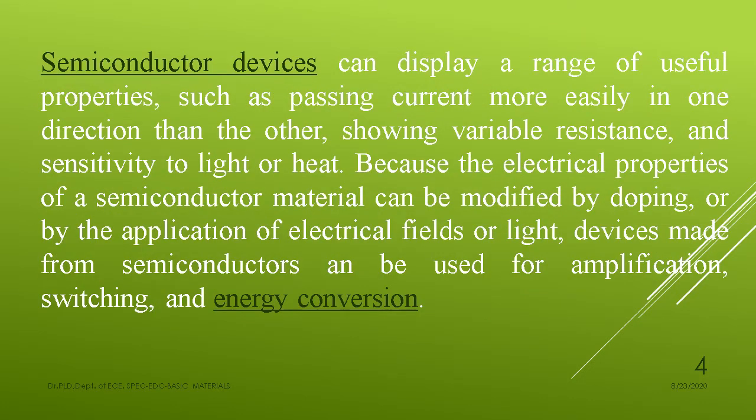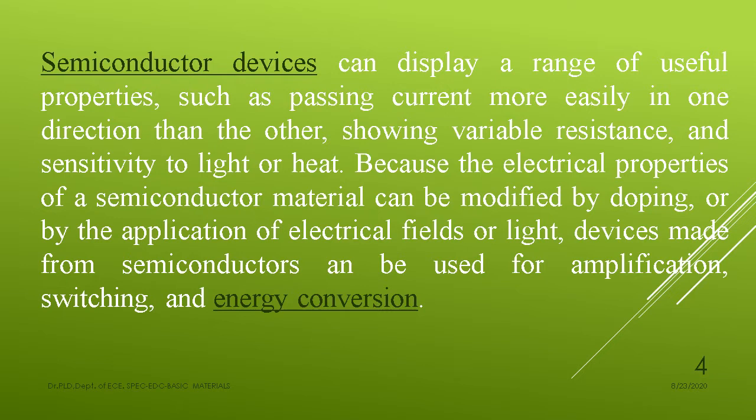Semiconductor devices can display a range of useful properties, such as passing current more easily in one direction than the other, showing variable resistance, and sensitivity to light or heat. Based on an increase in temperature, it changes its resistivity, and based on changing its resistivity, it changes its conductivity.